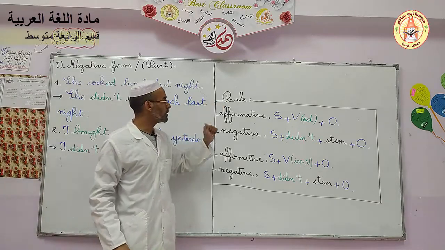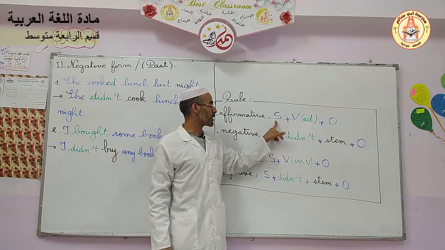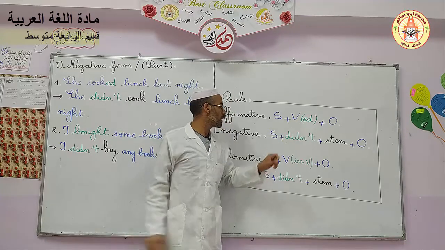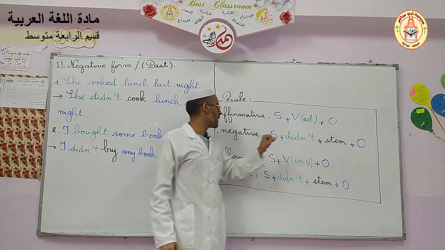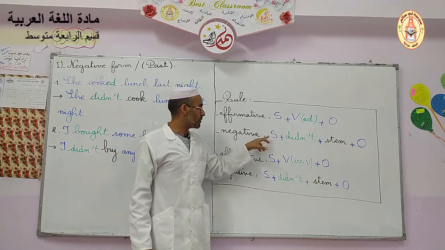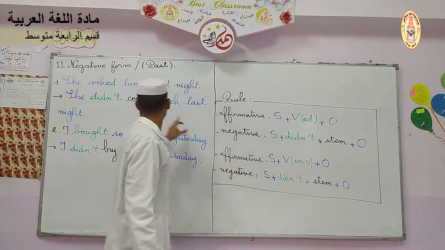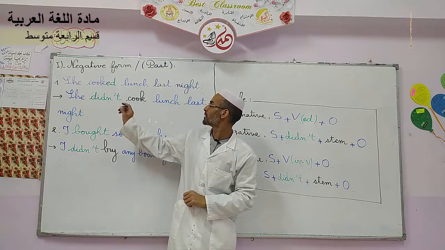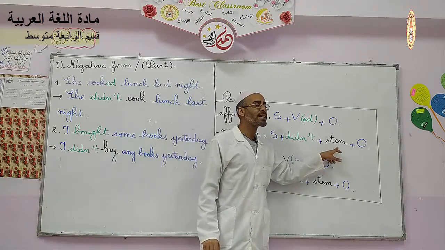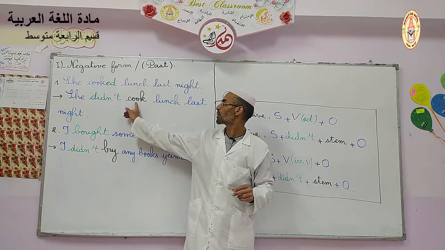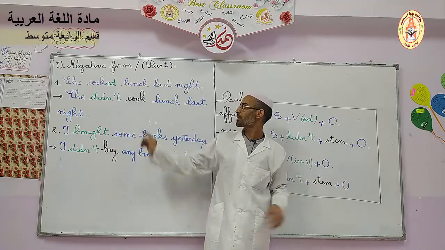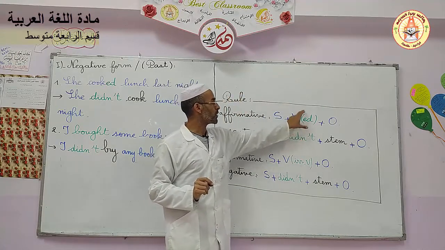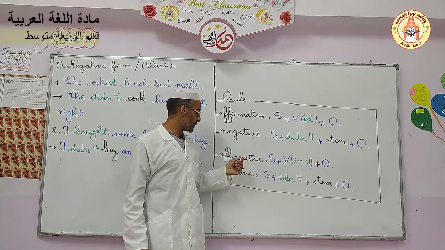Now let's have the rule. Affirmative, we have subject plus verb with ed, like the example here, plus object. When we change it to negative form, we have subject plus didn't plus stem, which is cook, plus object, which is lunch last night. Now this is concerning the regular verb. Let's go to the irregular verb.